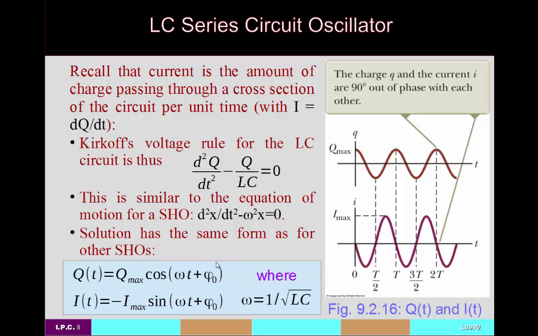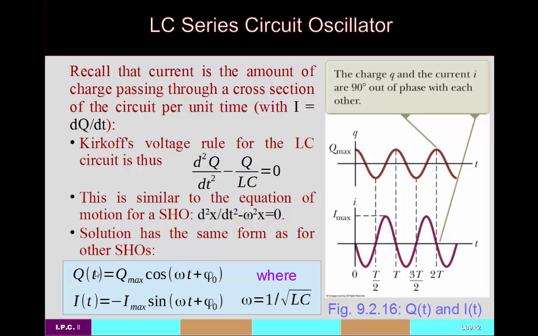That's the exact same equation we had for a simple harmonic oscillator, except that we had position instead of charge. And moreover, this then becomes the equation that describes the current: I is negative I max sine omega t plus phi naught. Note that this has the exact same form as the velocity equation would have had for a simple harmonic oscillator.